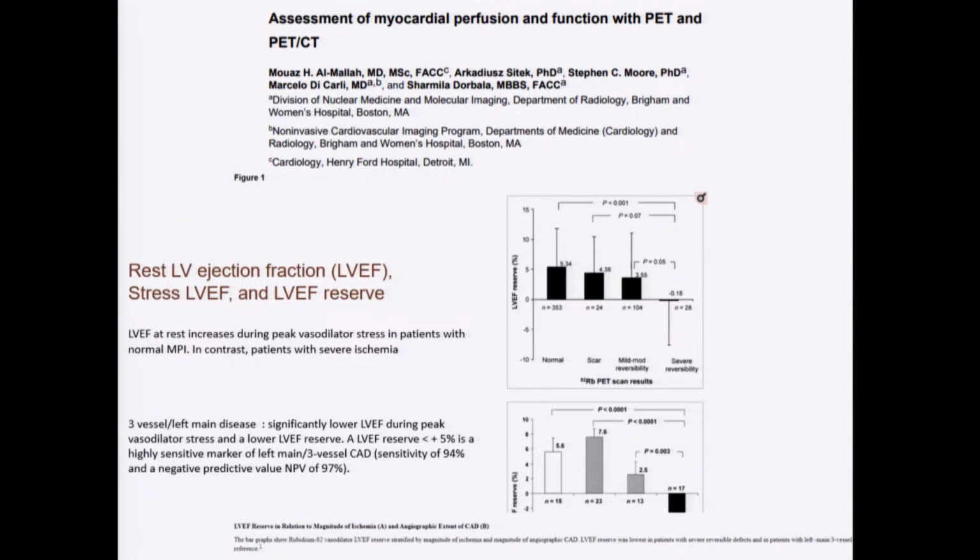The EF drop, rest and stress EF difference, is also a predictor of outcome, okay? Whether it's normal, scar, mild, moderate, or severe, when you add the difference in the EF, or what we call EF reserve, it increases your prognostic value, and you can detect many more cases of, quote-unquote, balanced ischemia if you use TID, EF drop, basically all the tools you use to avoid false negative, right?